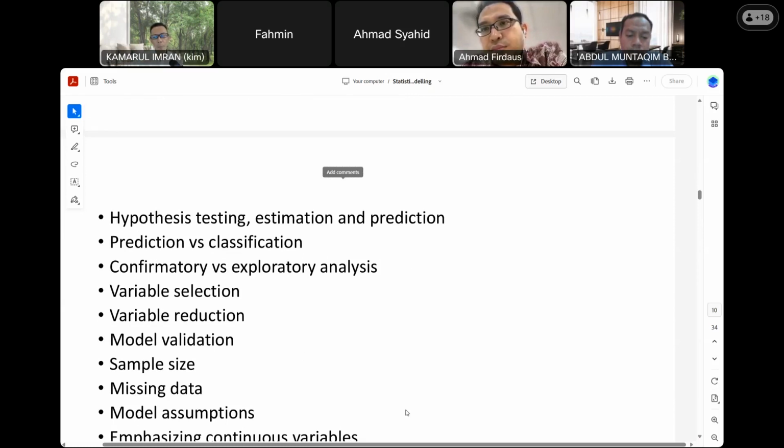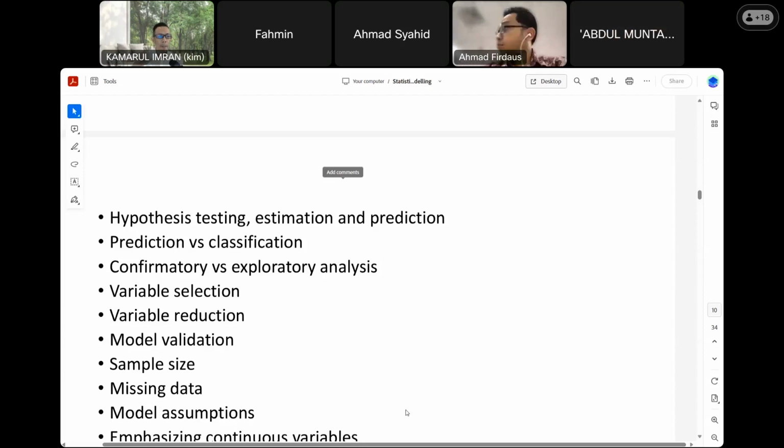For example, if you are doing an intervention study and you look at the outcome, you are not going to do exploratory analysis, because you must include the intervention variable in the model as your covariate.